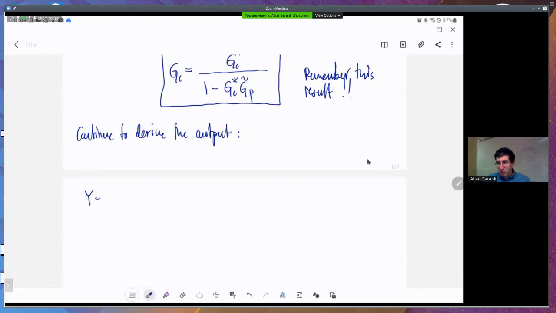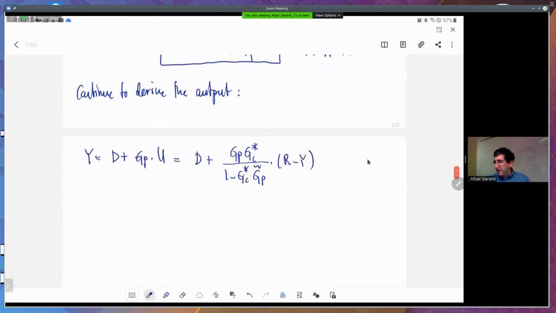We have the output being equal to the disturbance plus GP times U, and we have derived the U. Now, the disturbance is here to remind you that we can also deal with the presence of the disturbance, and we will see what we will do with the disturbance later on. Okay, so D plus our derivation GP GC star over 1 minus GC star GP tilde times R minus Y.